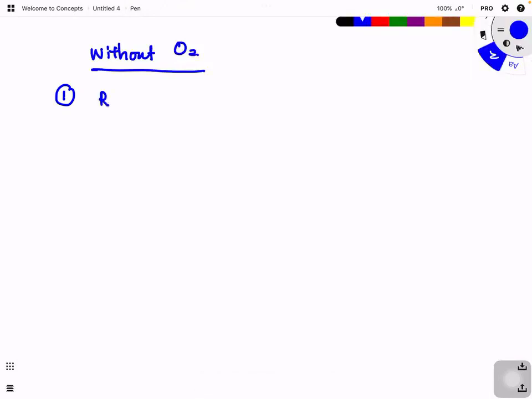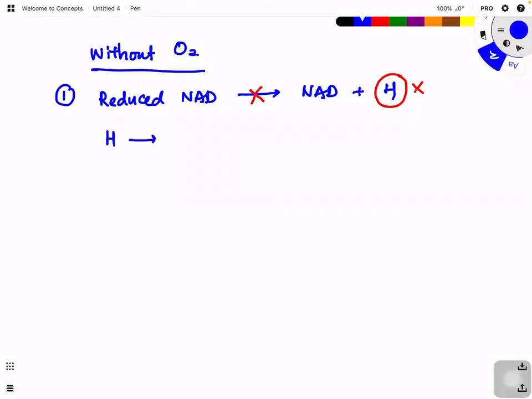Reduced NAD becoming NAD plus H cannot take place. So you don't have hydrogen atoms, and without hydrogen atoms you don't have this process also, so we don't have electrons also.